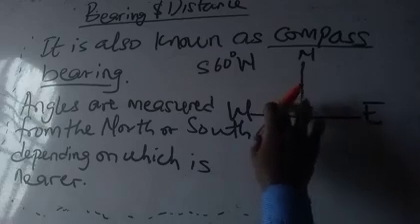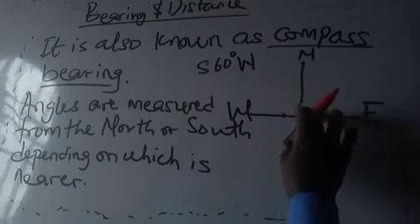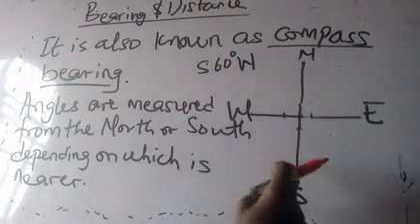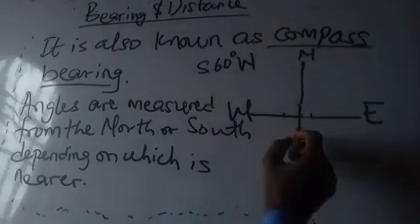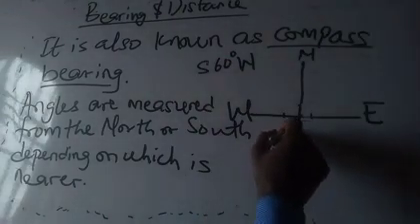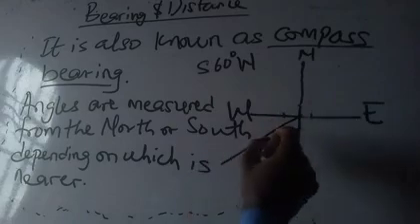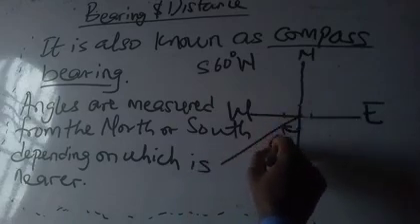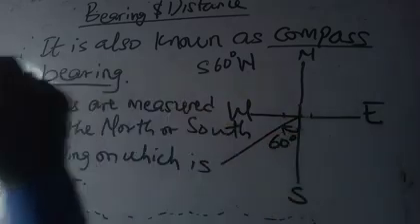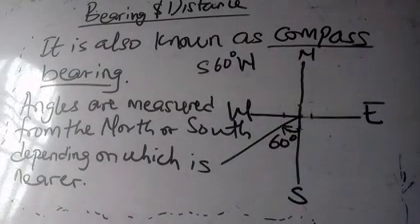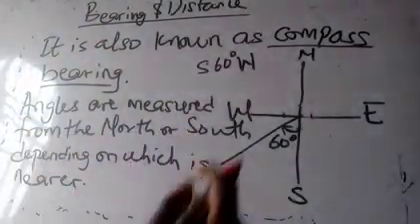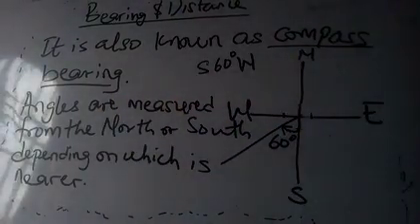So the example on the board reads 60° south of west. You read it clockwise. So this bearing is specified in terms of north, south, east, and west.